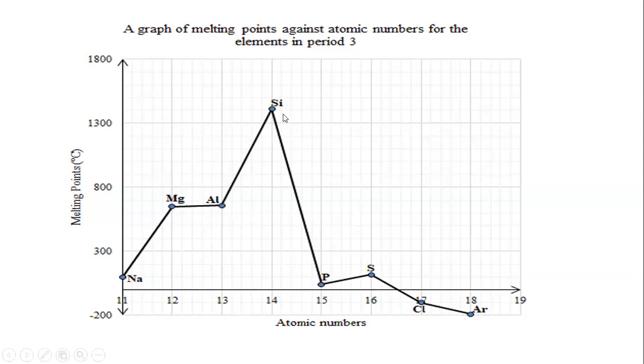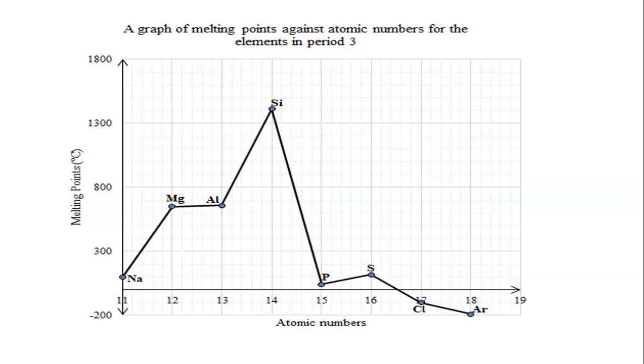Then from silicon, the melting point is decreasing, but with an abnormality of sulfur having higher than phosphorus. That's the general trend that you can state. So the melting point increases from sodium to silicon, and then decreases from silicon to argon, with the sulfur having a higher melting point than phosphorus.